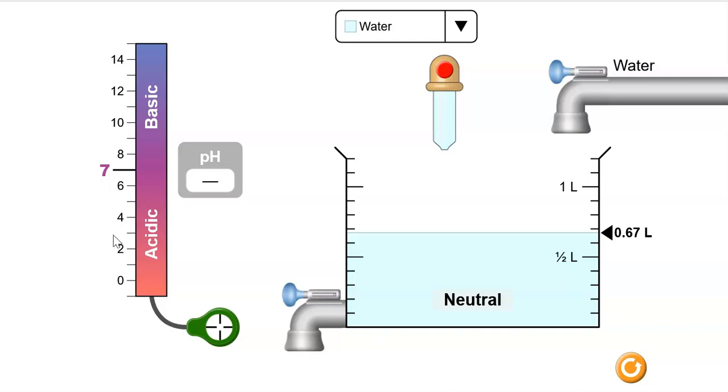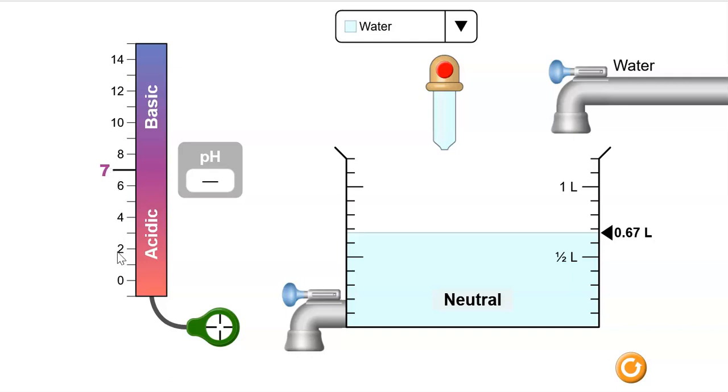So we are all probably familiar with the idea of the pH scale, where we have acidic, basic, and neutral. And we're used to thinking about water as being the primary neutral solvent that we would mostly be familiar with. So the pH of neutral water is 7.